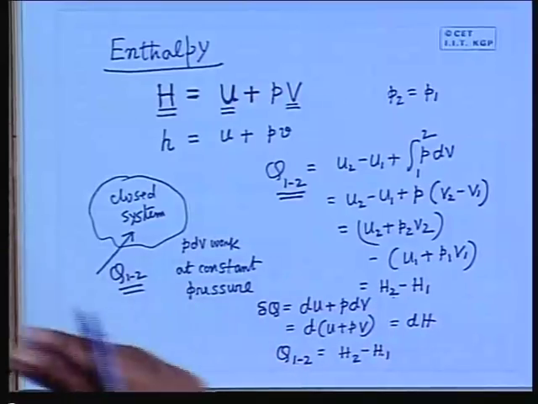If the enthalpy of state 2 is less than the enthalpy of state 1, heat is being rejected by the system, that is Q is negative. That means the difference between the enthalpy at the two state points gives the heat interaction between this system and the surrounding, provided the system is a closed system and performs PdV work at constant pressure.